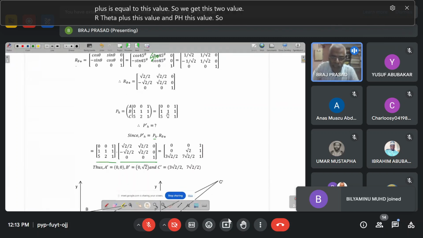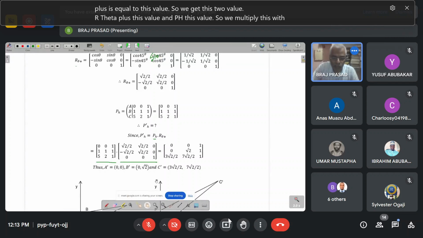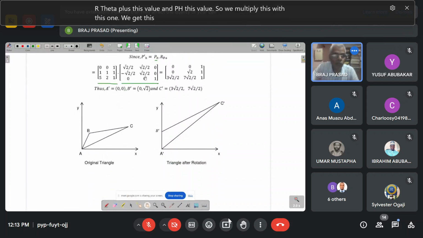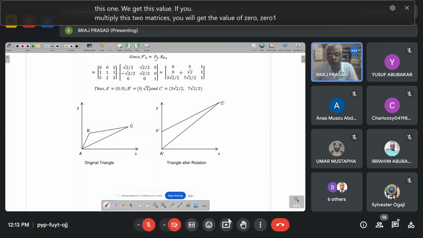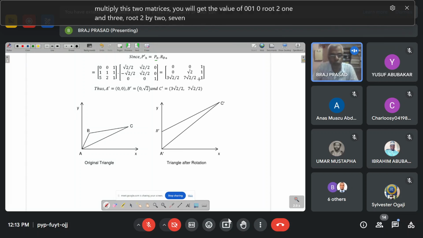So we multiply this with this one, and we get this value. If you multiply these two matrices, you will get 0, 0, 1, 0, root 2, 1, and 3 root 2 by 2, 7 root 2 by 2, and 1.